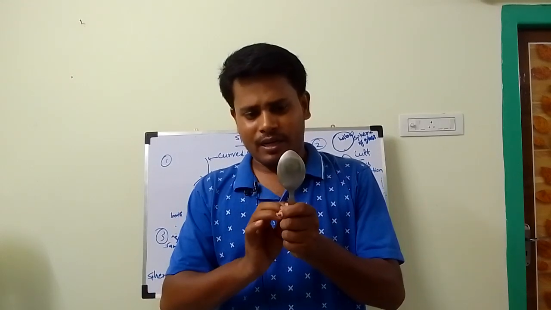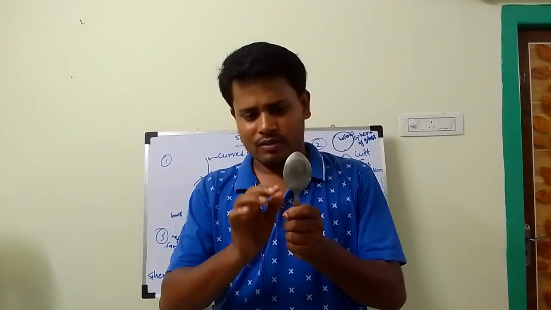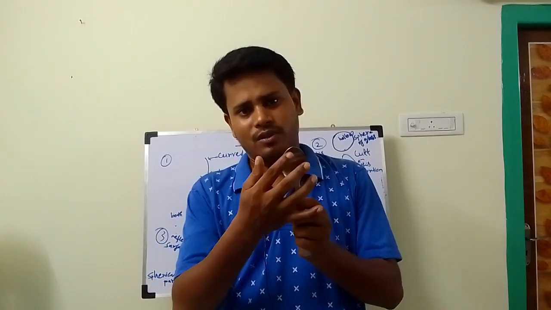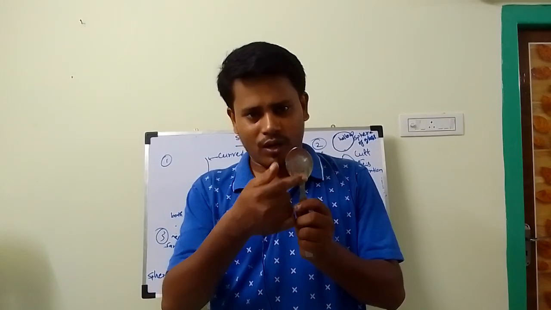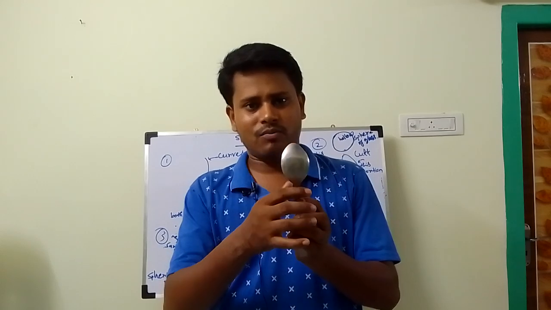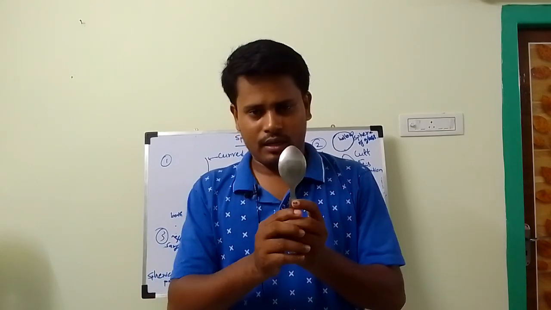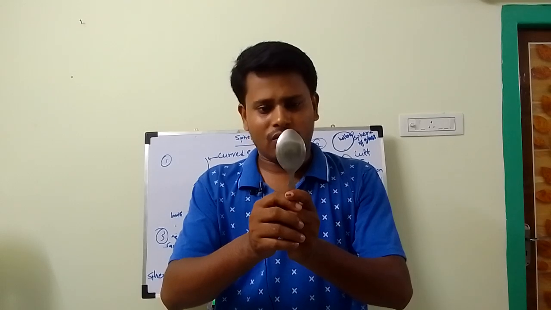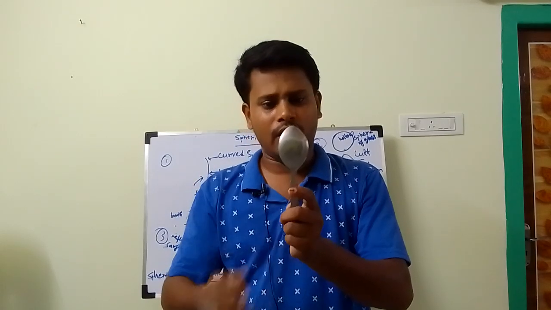Here you can easily identify there are two surfaces of the spoon. One is the front surface, which is curved inward, and the other is the back surface of the spoon, which is curved outward. Let's check whether we can see our image on both surfaces of the spoon.